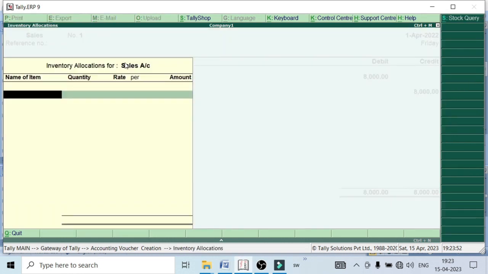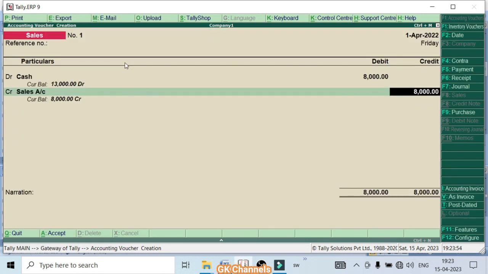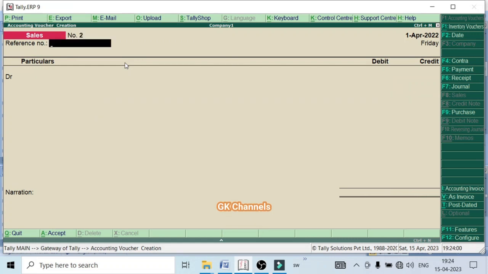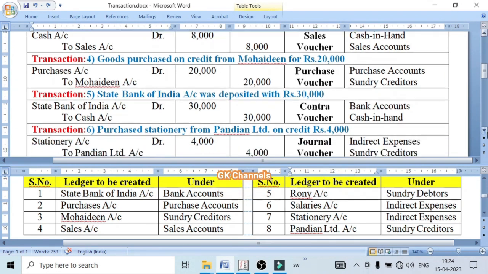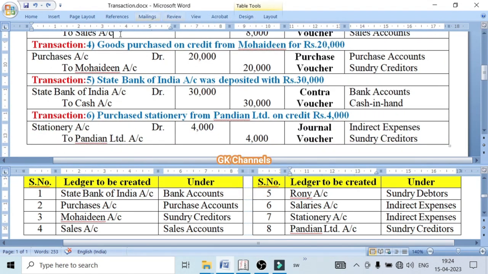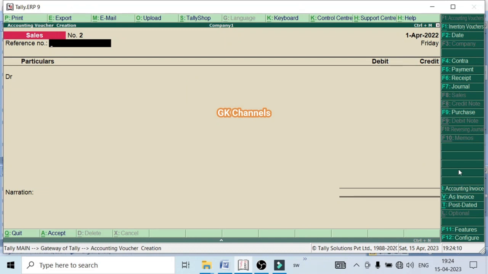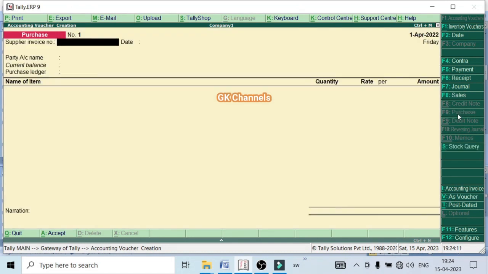Automatically the secondary screen I can skip, and amount automatically 8,000 is entered. Control A to save this accounting voucher or transaction.